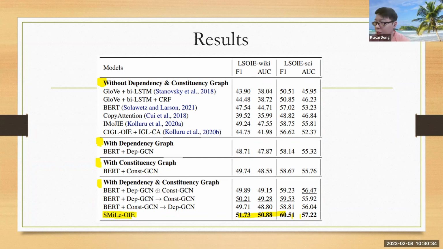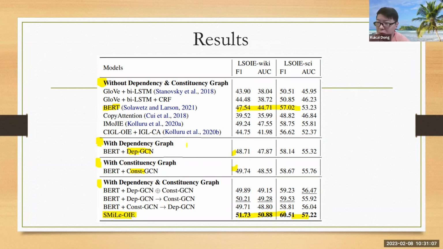You can see our model outperforms all of the baselines, compared to BERT alone. If we are using any syntactic graph, let's say dependency or constituency, the two results are better than the simple baseline. So BERT plus any of the syntactic graphs can achieve better results.